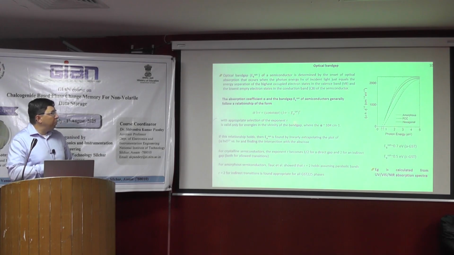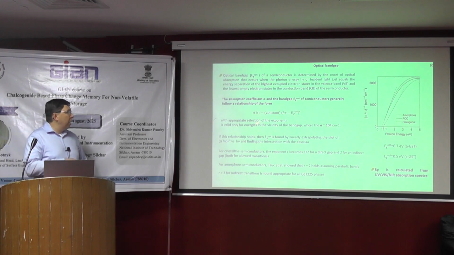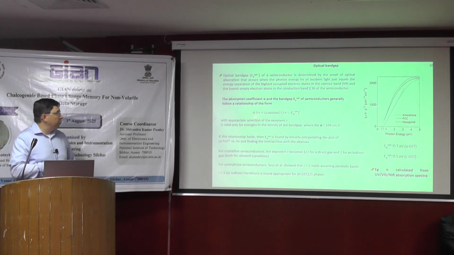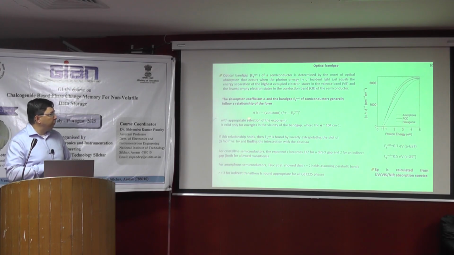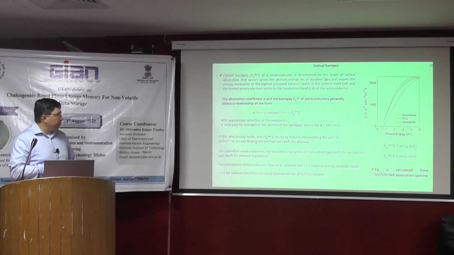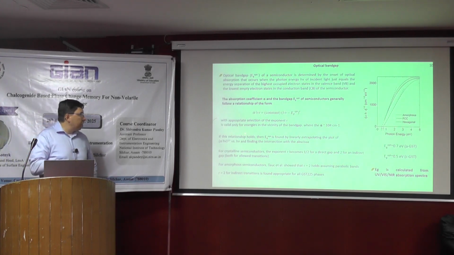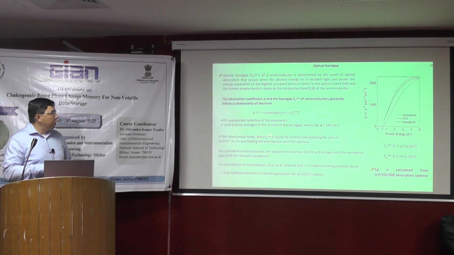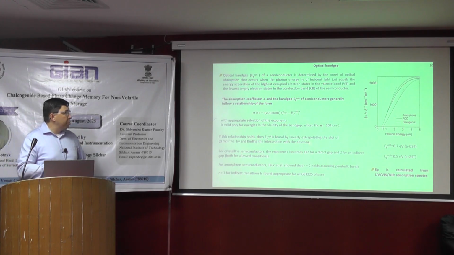This Eg is the optical band gap, and this R is the exponent which we have to select for fitting. Now, if this relation holds, then the optical band gap Eg is found by linearly extrapolating the plot of alpha h nu against h nu and finding the intersection with the axis.